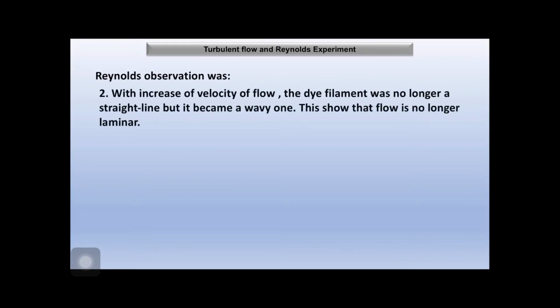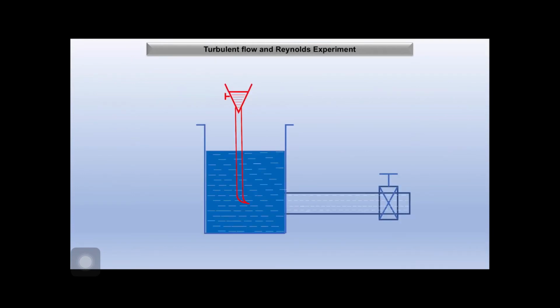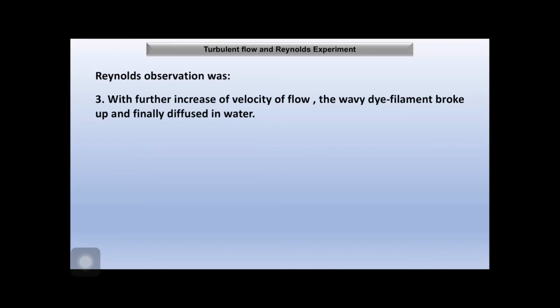Then Reynolds made his second observation: with the increase of velocity of flow, the dye filament was no longer a straight line, but became a wavy one. This shows that the flow is no longer laminar. His third observation is that with the further increase of velocity, the wavy dye filaments broke up and finally diffused in the water.